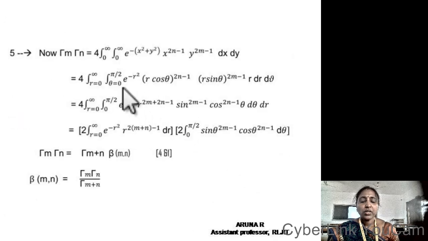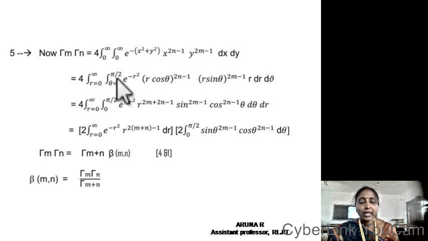Our equation 5 changes to, I will write equation 5 once again: gamma m gamma n is equal to 4 into integral 0 to infinity e to the power minus (x square plus y square), x to the power 2n minus 1, y to the power 2m minus 1 dx dy.